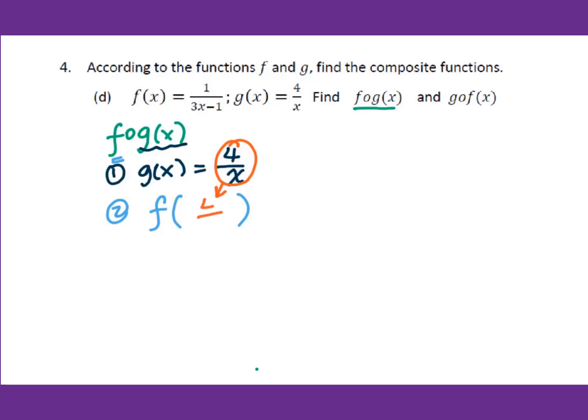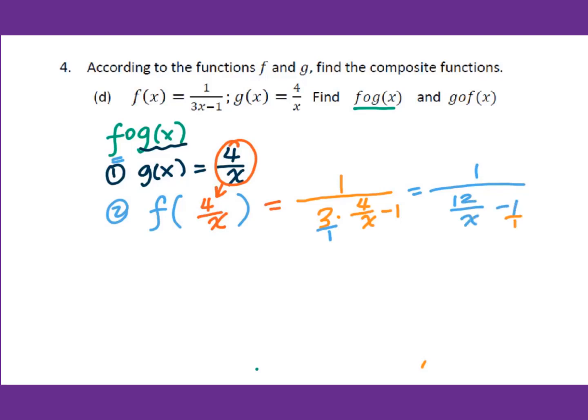So for the f function, every single x turns into 4 over x. You will get 3 times 4 over x minus 1. Then we put over 1. We got 12 over x minus 1.